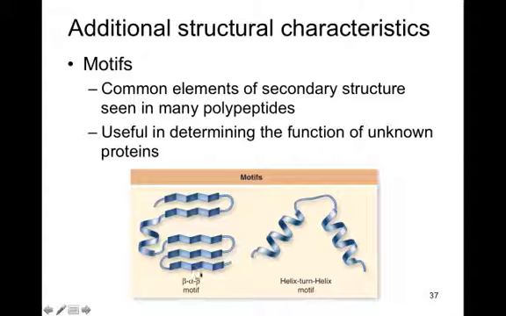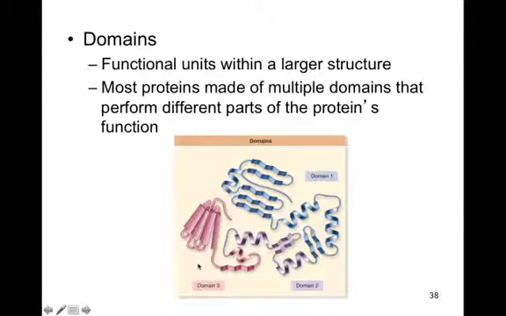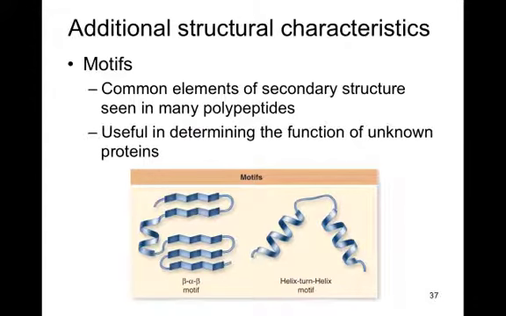Now, there are some additional structural characteristics that researchers have noticed over the recent years. There are motifs and domains. Motifs are common elements of secondary structure that are seen in many polypeptides. Things like a helix, turn, and then helix comes up very commonly.